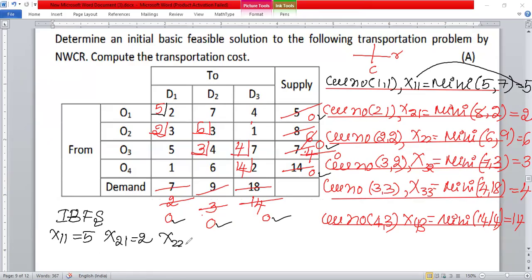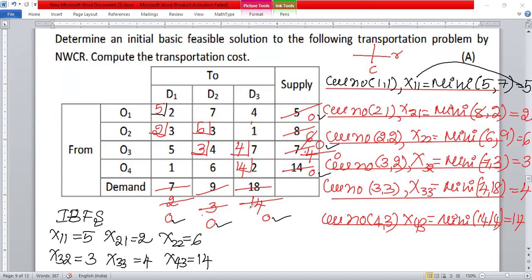X22 is equal to 6. Similarly, X32 is equal to 3. Similarly, X33 is equal to 4. And finally, X43 is equal to 14. This is the IBFS, initial basic feasible solution.